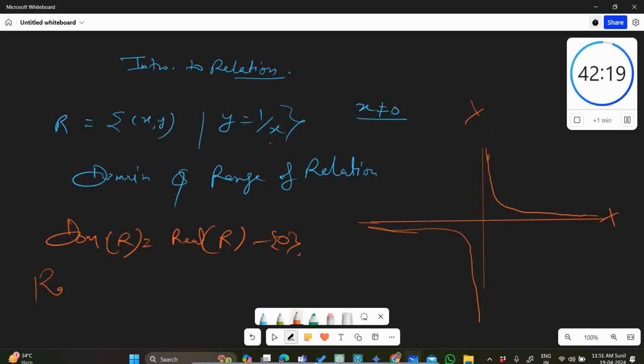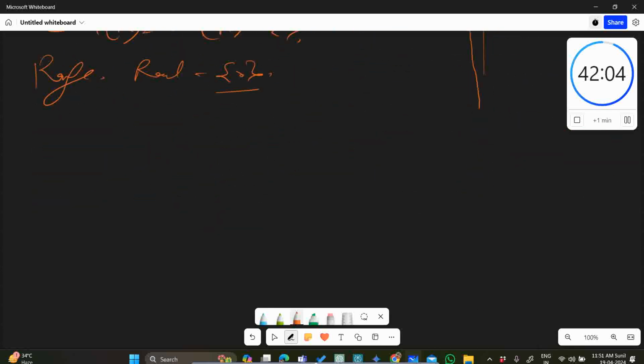And is the range 0? No, never. So the range is real minus 0 also. The range is the same as the domain.